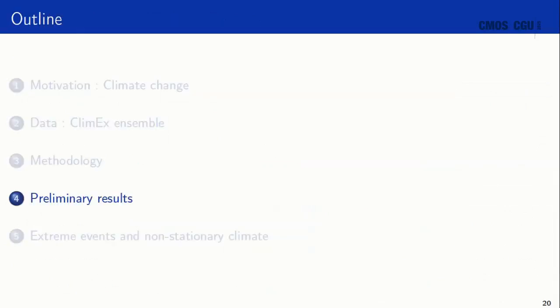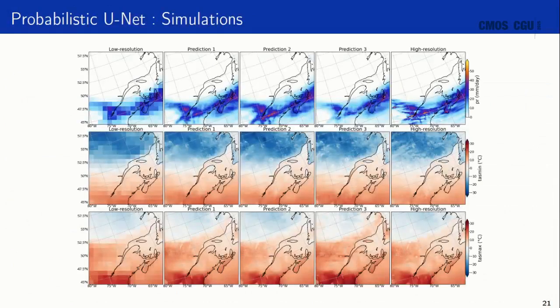Okay, some preliminary results, since this is work in progress. First of all, some simulations. So over here, we have, again, precipitation, Tmin, and Tmax. These are on the same scales. We have the low resolution, so this is the input to the probabilistic U-Net. And here it's the target, the high resolution.